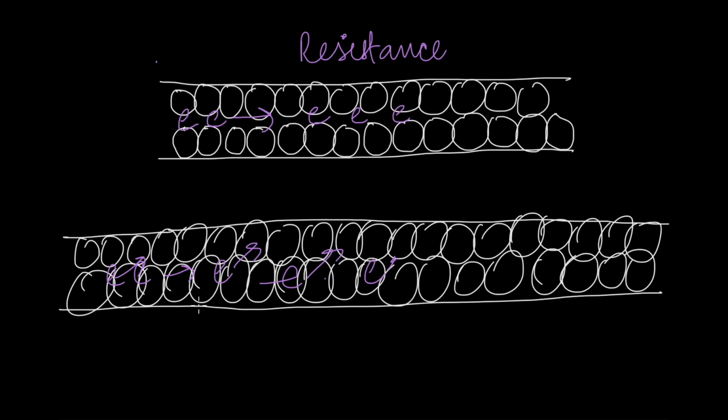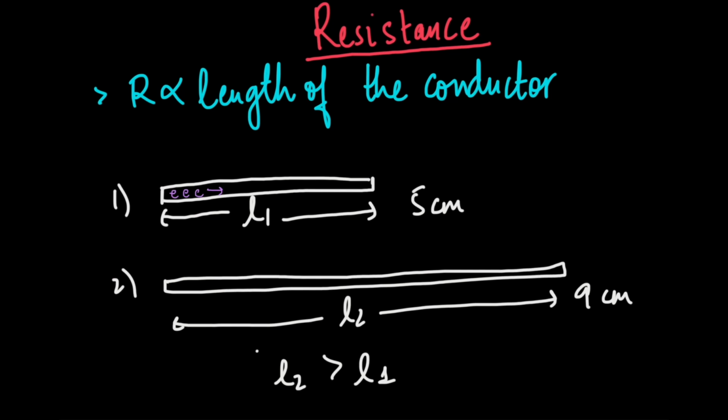Of course, the crash of electrons into the atoms would occur more in the second instance because there is more length. So therefore, resistance increases when we increase the length of the conductor.